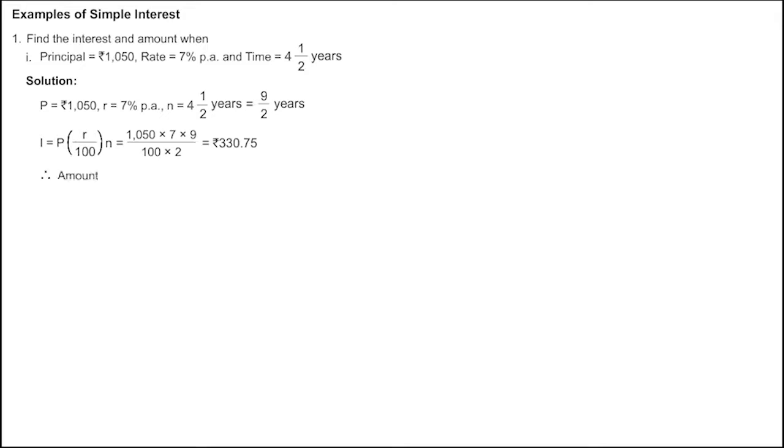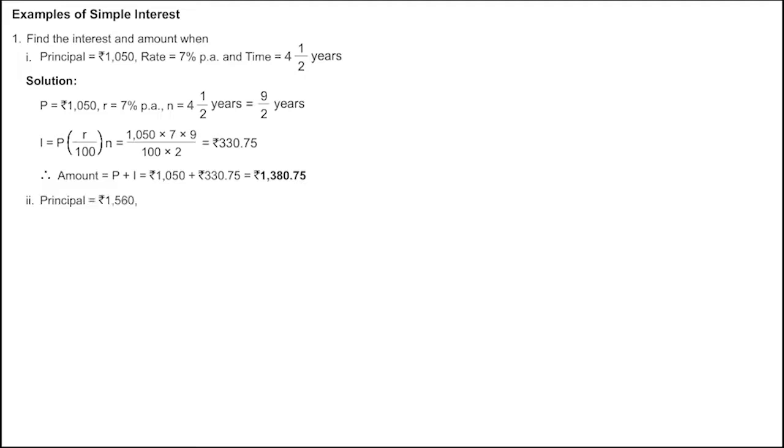So, to get the value of amount, we use the formula P plus I, which is rupees 1050 plus 330.75, which gives us 1380.75. So, the amount is rupees 1380.75.